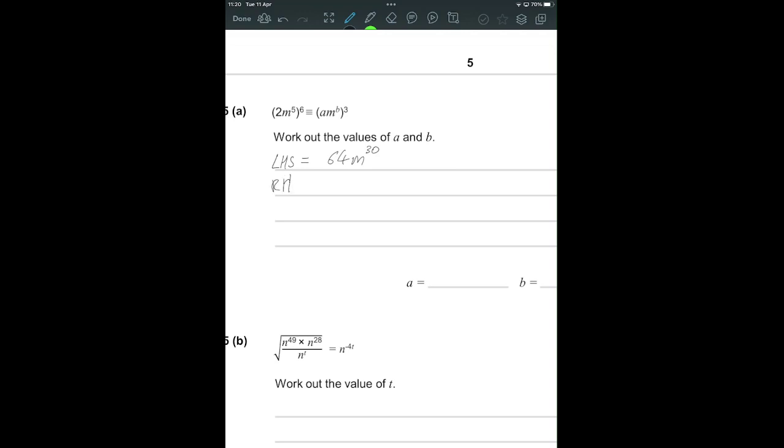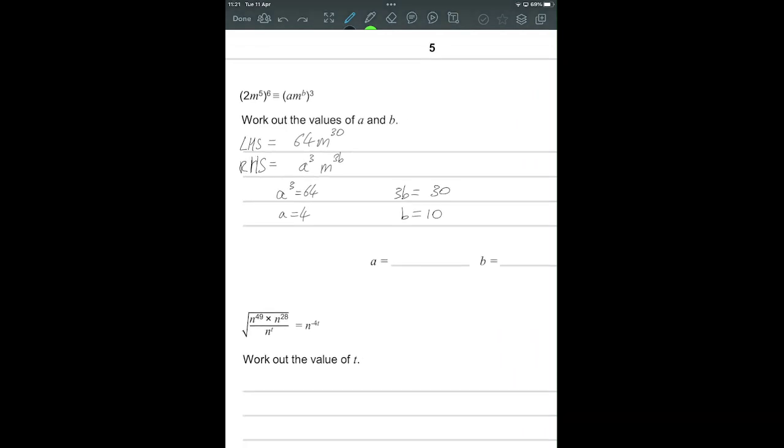The right hand side, well, I can't do anything else other than just write a cubed and multiply the powers gives me 3b. So I have two things to compare here. A cubed has to match that 64, which means a is 4, and the 3b power has to match the power from before, creating b is 10. So my answer, a equals 4, b equals 10.